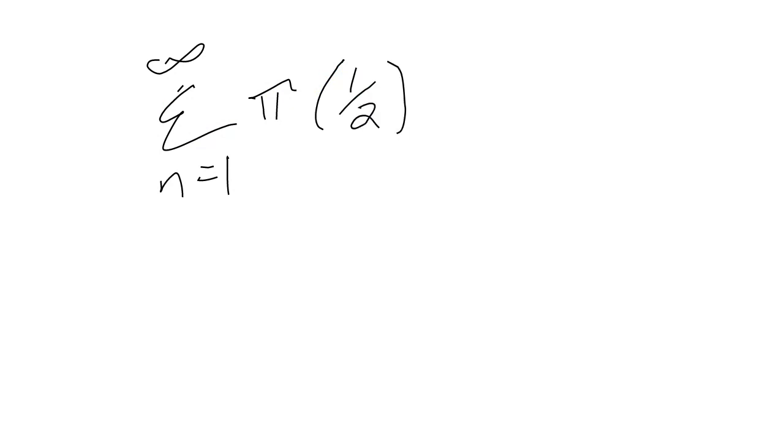Something that might be a little more obvious, what if I had the sum n equals 1 to infinity, let's just do it, of pi times, let's use a ratio, times 1/2 to the n power. Well, this isn't quite the same here, because now I have an n there, but I wanted an n minus 1.